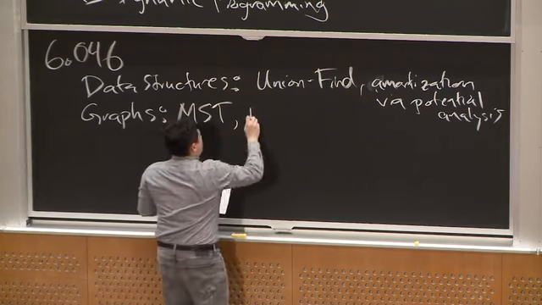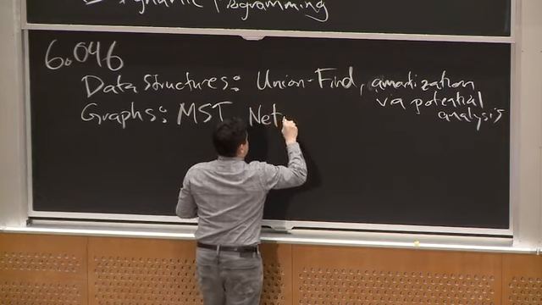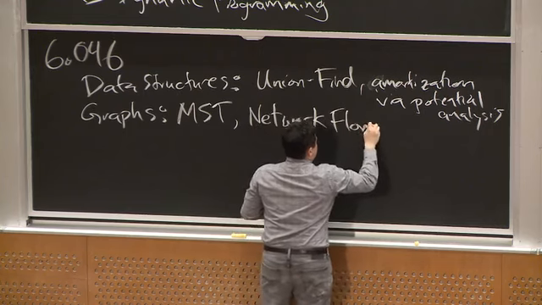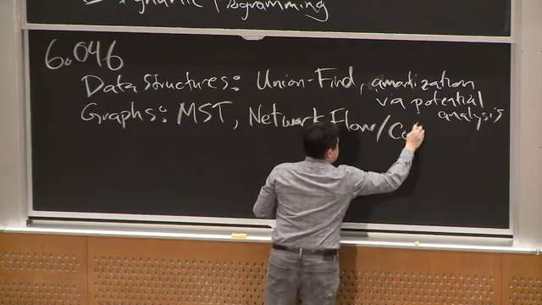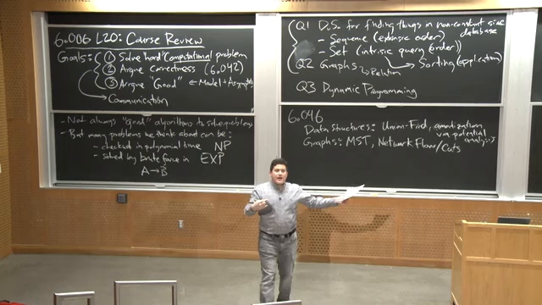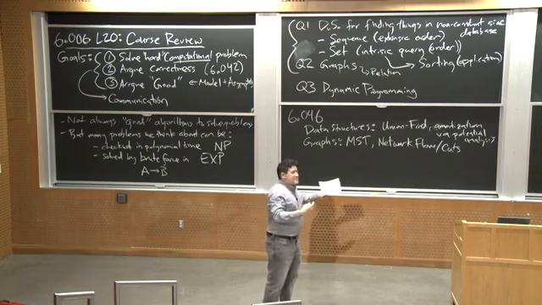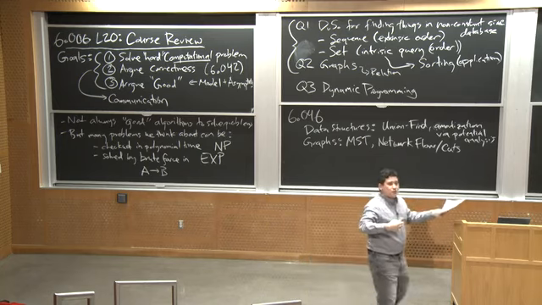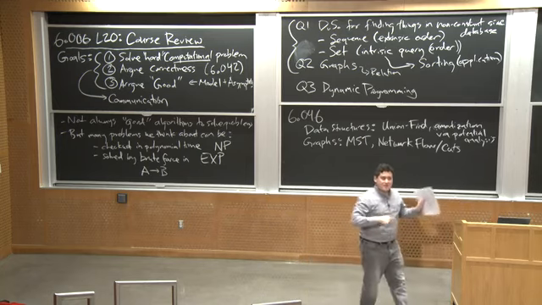And network flows, and I guess cuts. So what is this? I'm given a weighted graph. Basically, each of the weights corresponds to a capacity I could push water through along this edge.